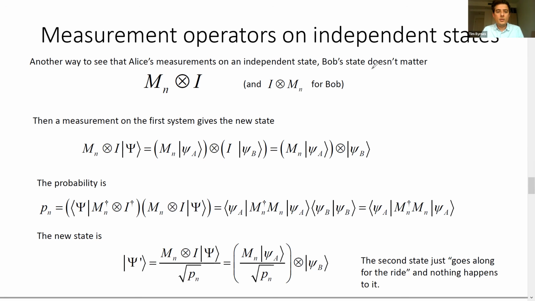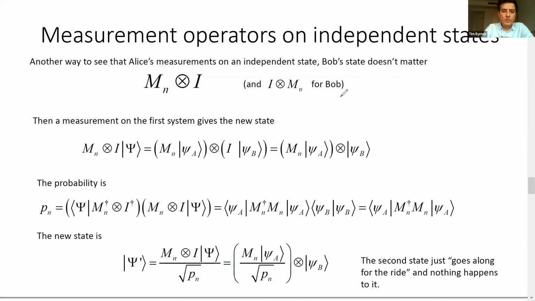In the previous slide, what we actually did was measure Alice and Bob, but then ignore Bob's measurement because all we really cared about was what Alice was going to get on her side. Now, suppose you didn't even measure Bob's case, then what would the measurement operator be in that case? Well, it would look something like this.